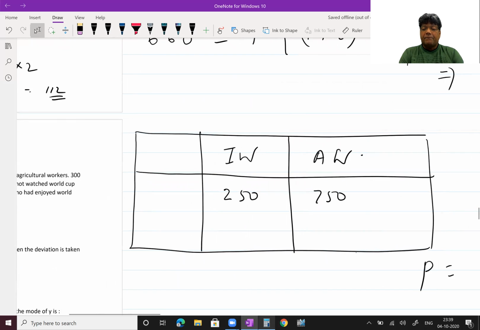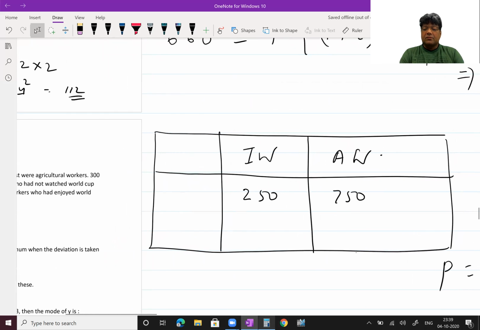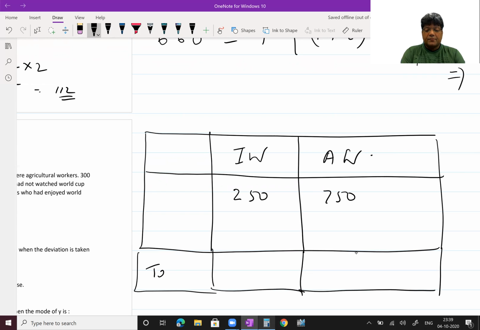Okay. And this total number of workers will be 1000. The industrial worker total will come here. So total industrial workers, how many? 250.